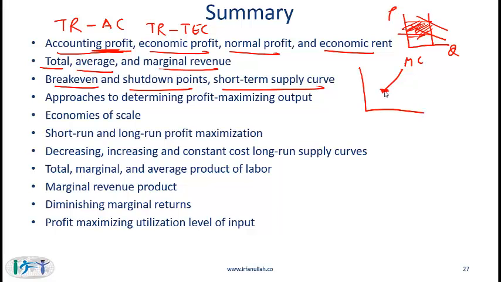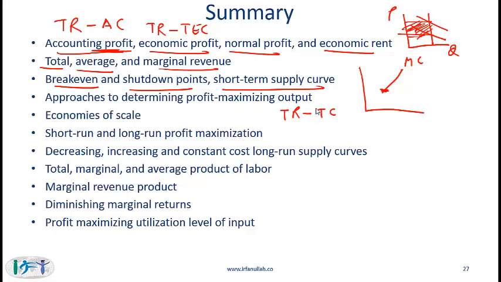There are three different approaches to determining profit maximization output. The first and simple approach is to say that we want to find the quantity such that the difference between total revenue and total cost is maximized.